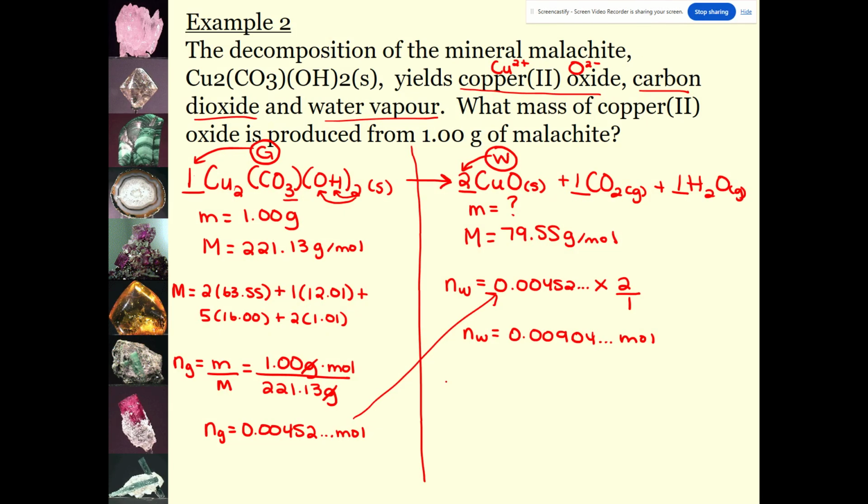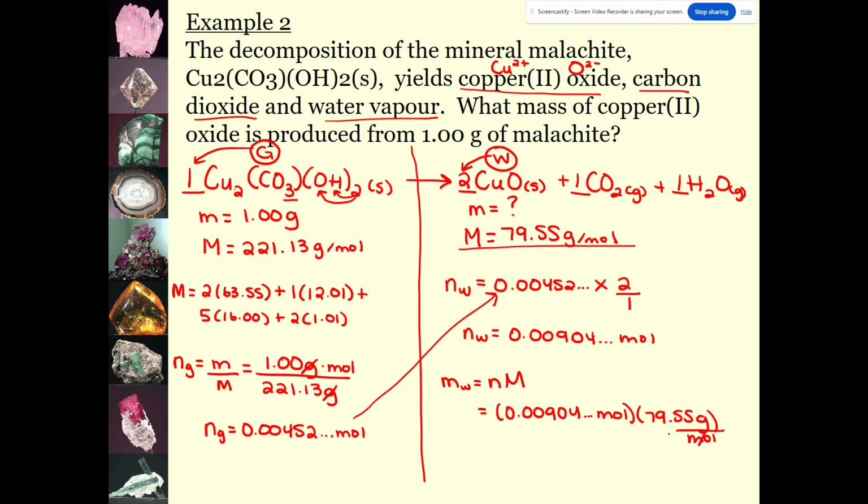And then step 4 is now to find the mass of my wanted with moles times molar mass. Okay, so 0.00904, remember again unrounded. My molar mass, this time I'm using the molar mass of my wanted, which is 79.55 grams per mole.